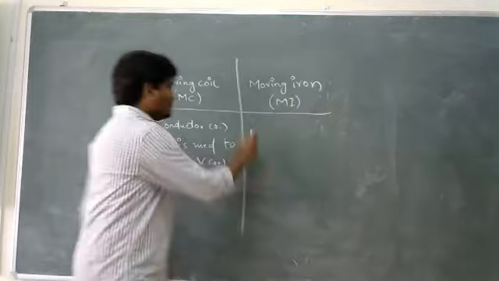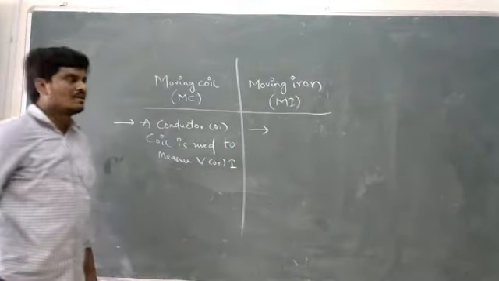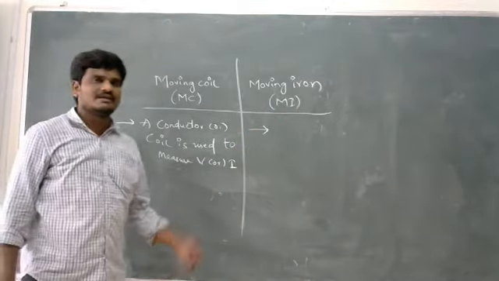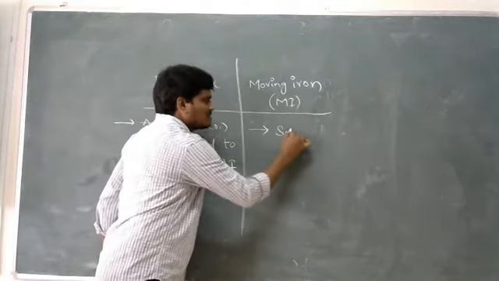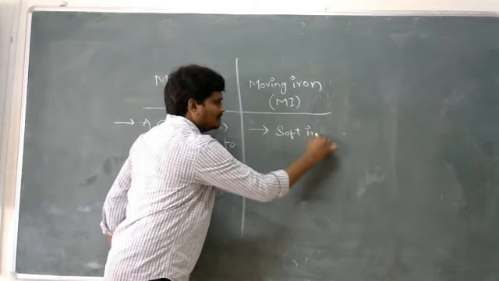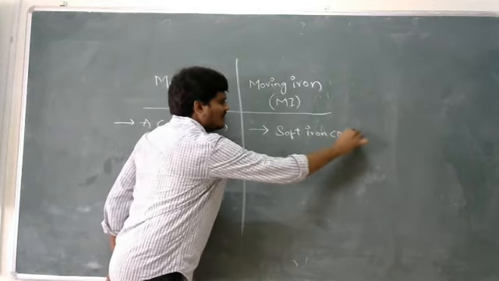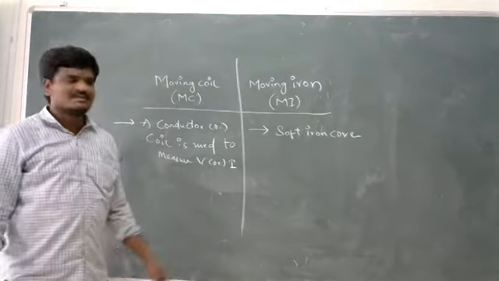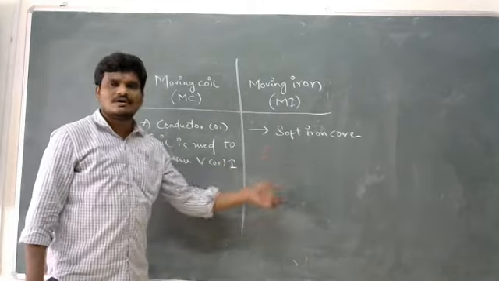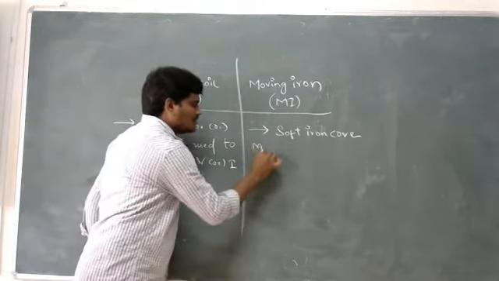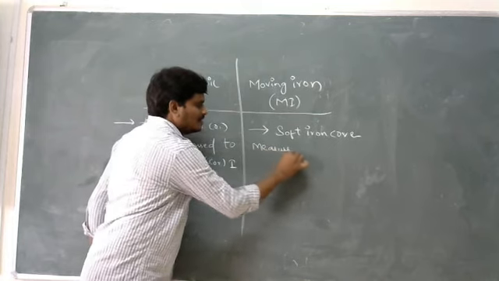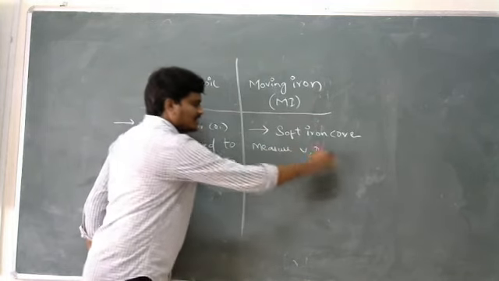Now coming to the definition of a moving iron instrument. A moving iron instrument mainly uses a soft iron core or soft iron disc in order to measure the values of voltage and current.